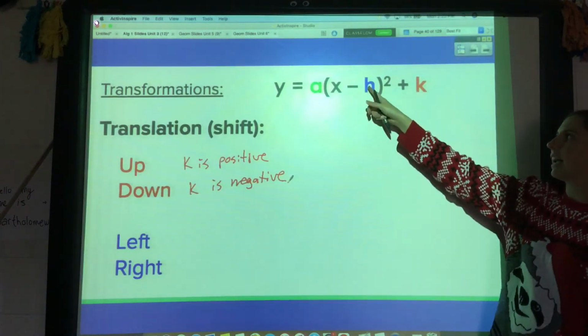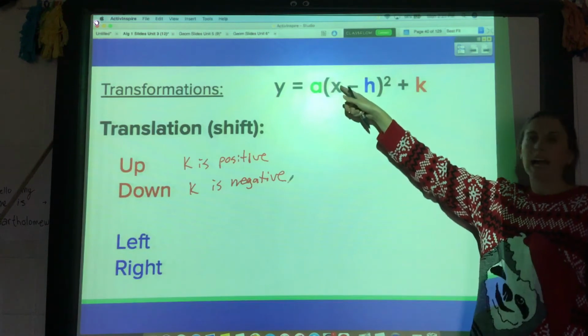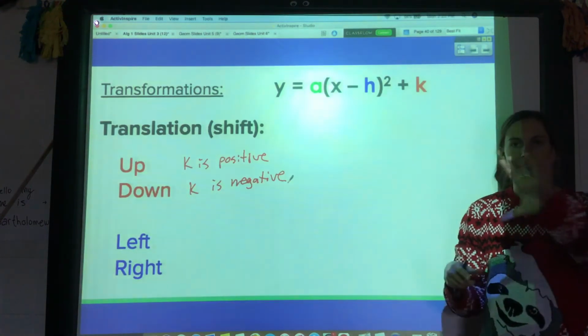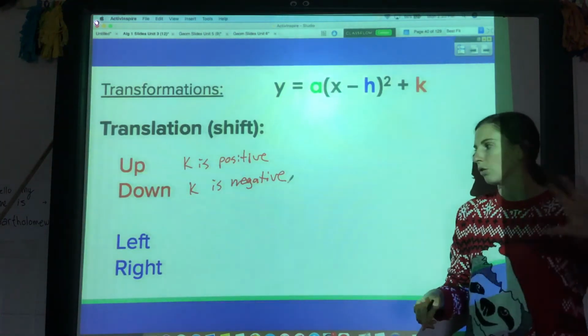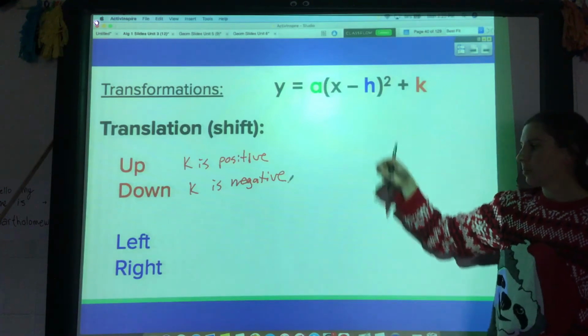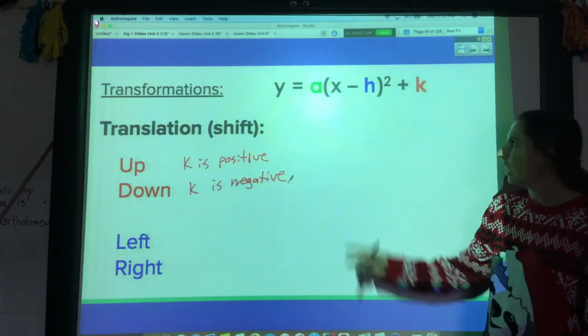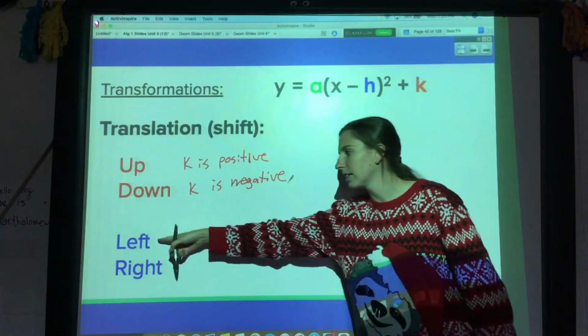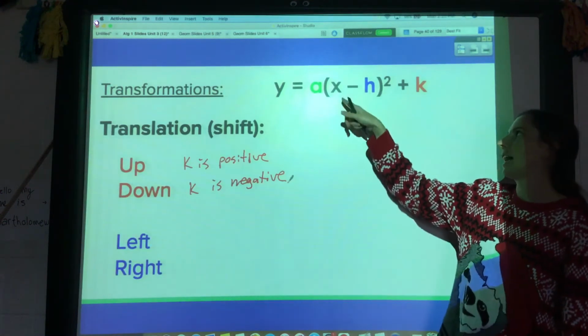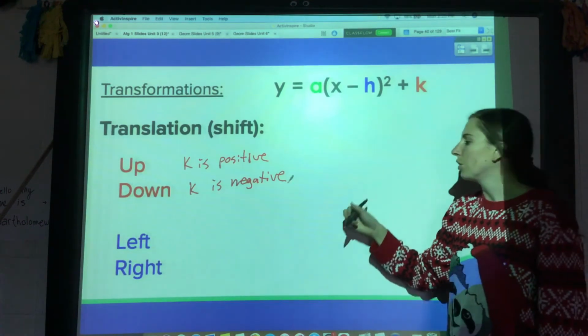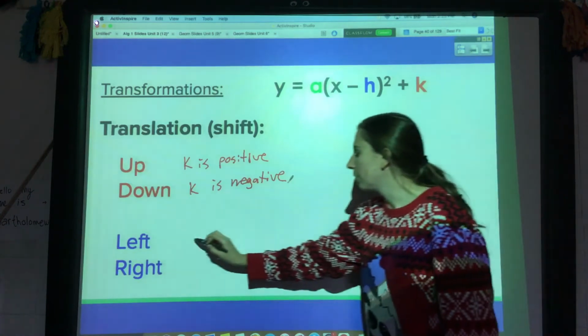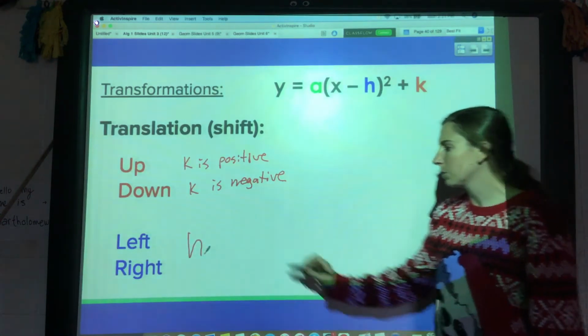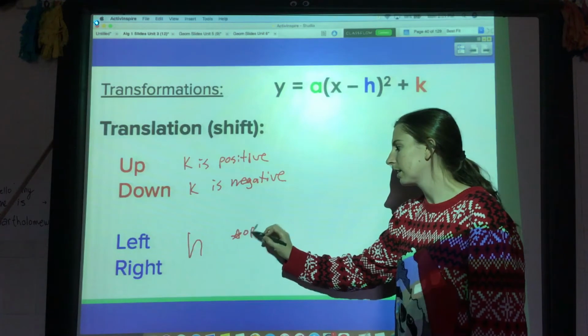That's because the h is right in there with the x, so it makes it move in the x direction, left or right. When h is positive, it moves to the right, and when h is negative, it moves to the left, except it's kind of going to be the flipped version of that because it's minus h. So this one's kind of the opposite of what you would expect.